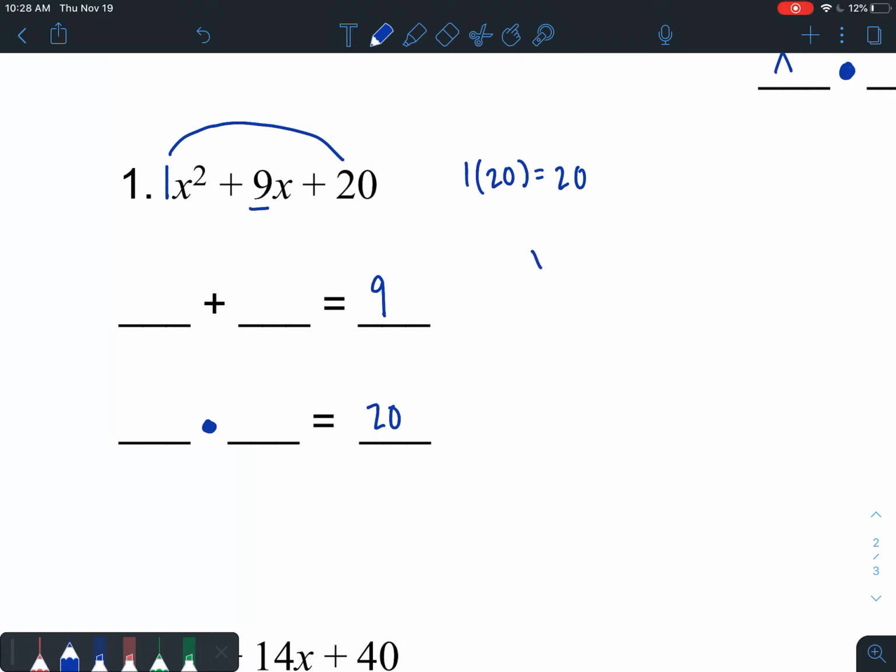So I start thinking of numbers that multiply to be 20. I've got 1 and 20. I've got 2 and 10. I've got 4 and 5, and that's it. You'll notice that 4 and 5 are two numbers that also add to be 9. So 4 and 5 are those numbers.